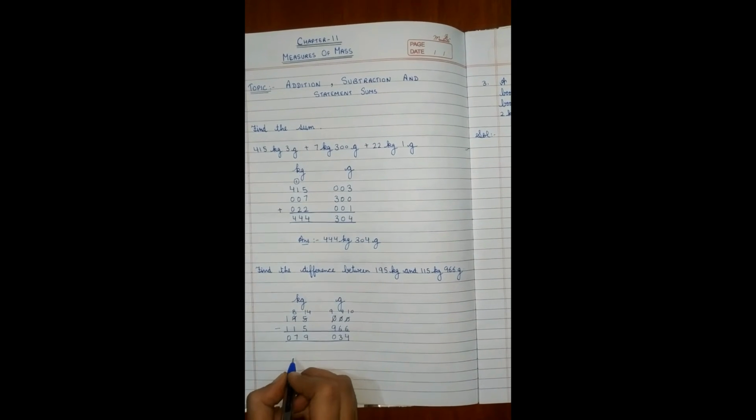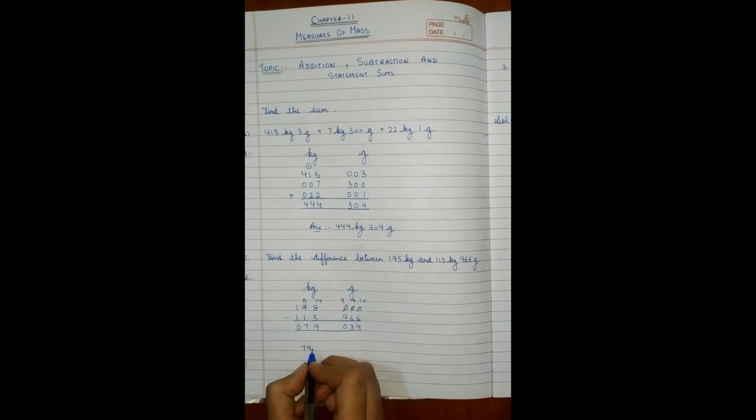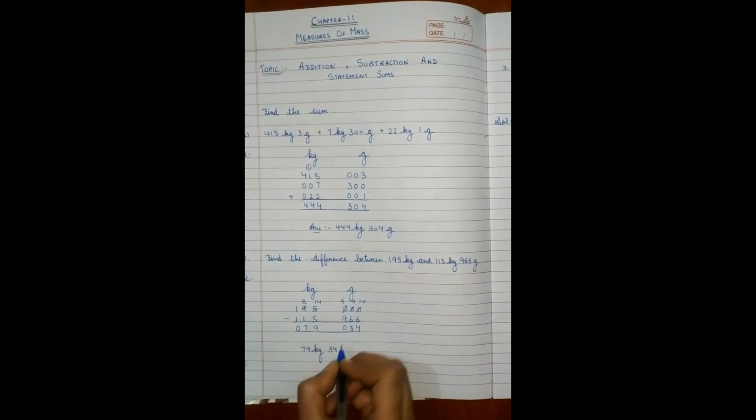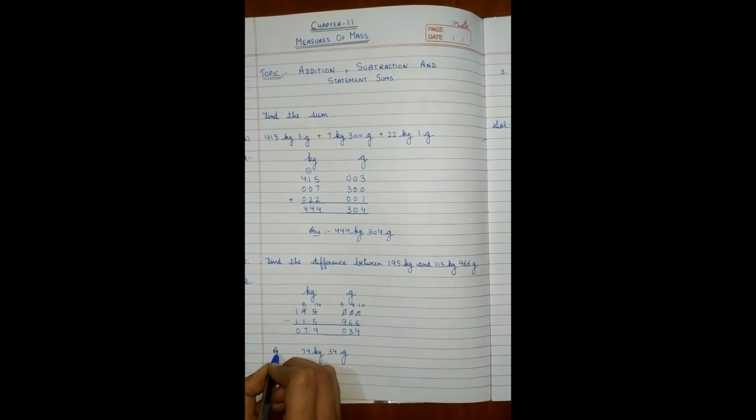So you can see here 79 kilogram 34 gram. It's your answer.